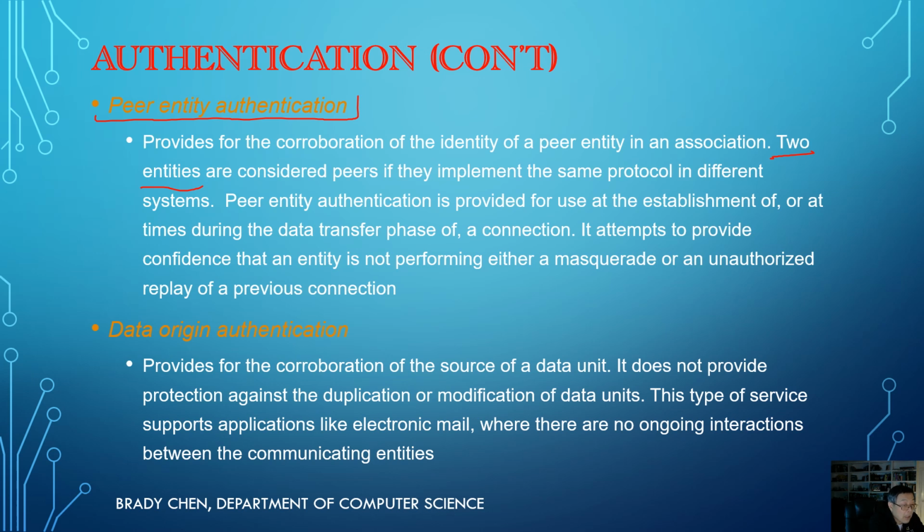So peer entity authentication is provided for use at the establishment of or at the time during the data transfer phase of a connection. For example, during the connection between two entities, people use this three-way handshaking or any kind of mechanisms.